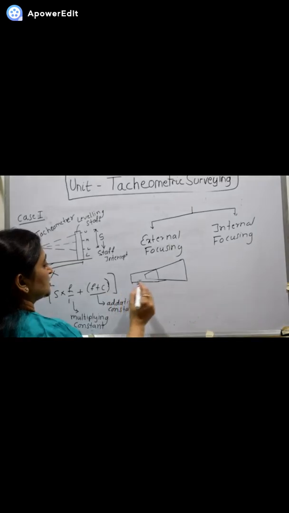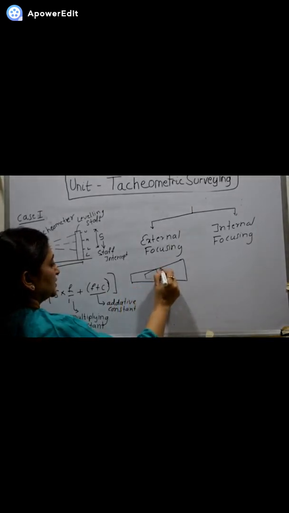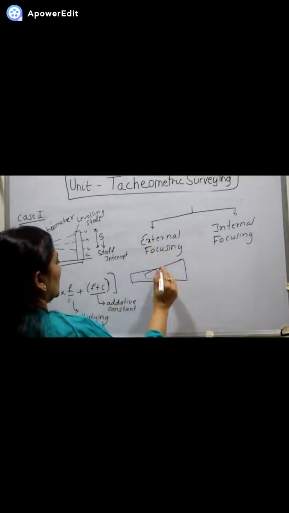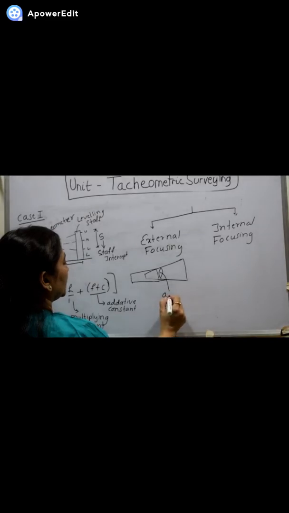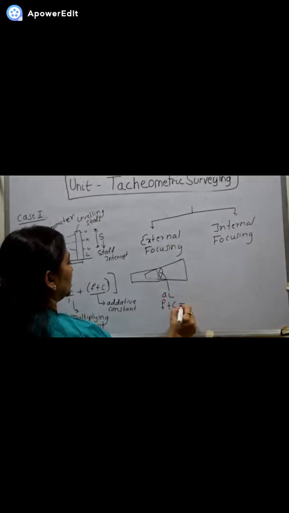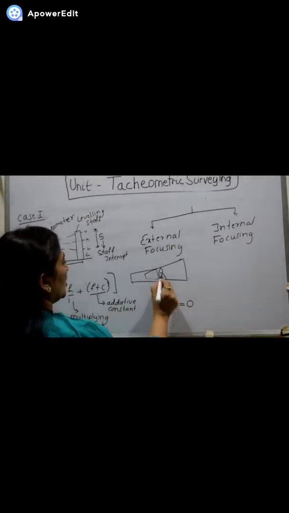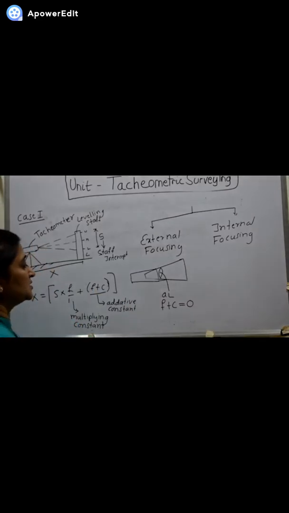To avoid this, they have added a lens. That lens is called an analytical lens. In case of external focusing, when we add the analytical lens, the value of f plus c becomes 0. The additive constant is 0 when the analytical lens is added.